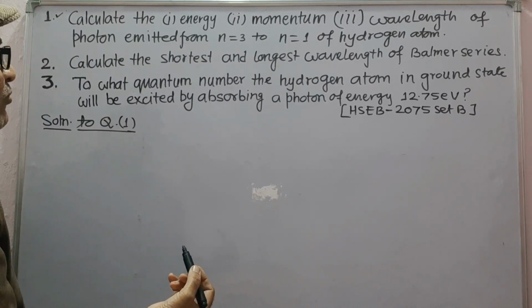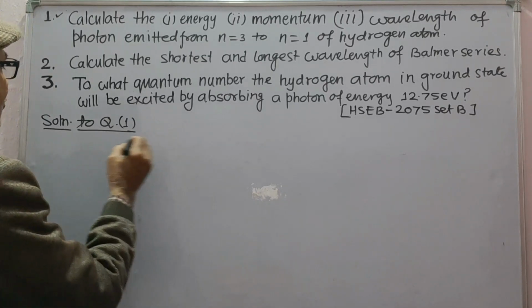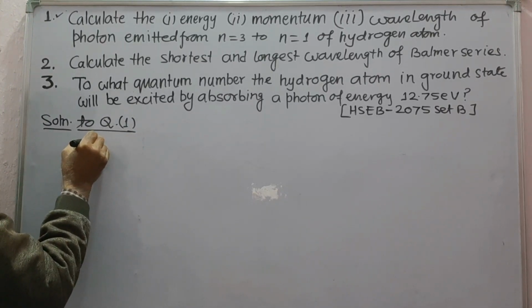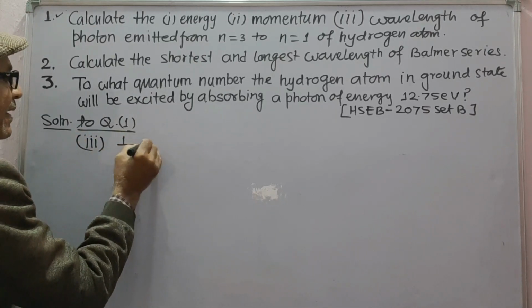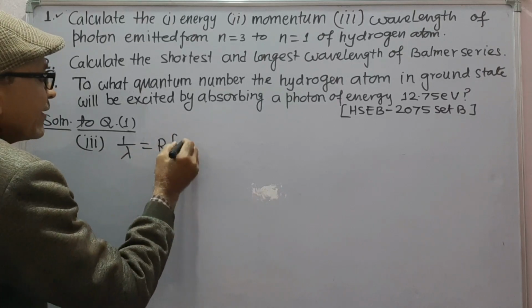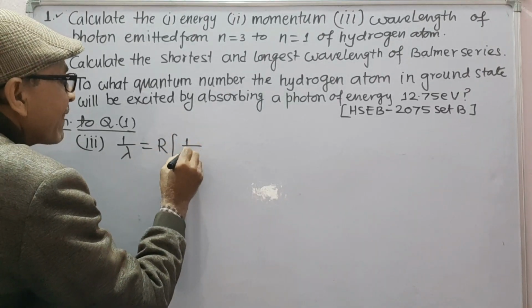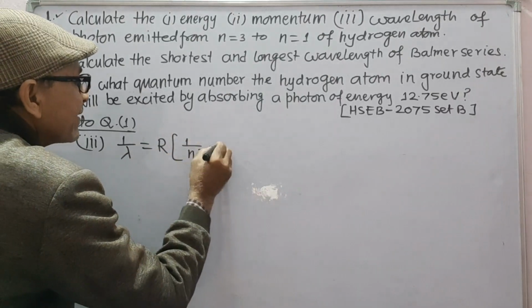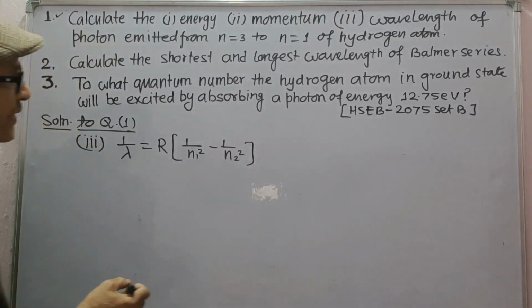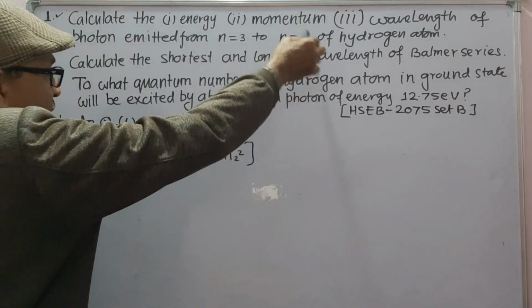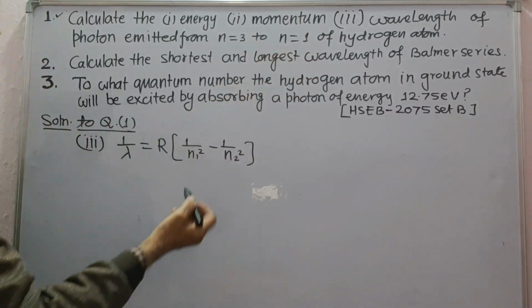At first we can calculate the wavelength. So start with the third part. You know 1 upon lambda is equal to R into 1 upon n1 square minus 1 upon n2 square. Here n1 is lower state and n2 is upper state.